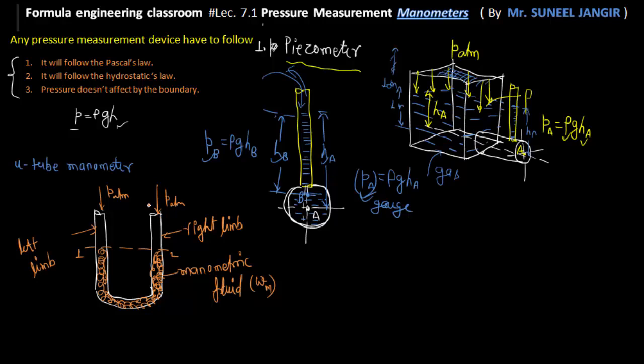This end is connected to this tube, and at the point A the pressure is higher than this open end. In that case, on the left limb, if the pressure is higher than the atmospheric pressure, this level goes down, and in the right limb the level of the liquid goes up.